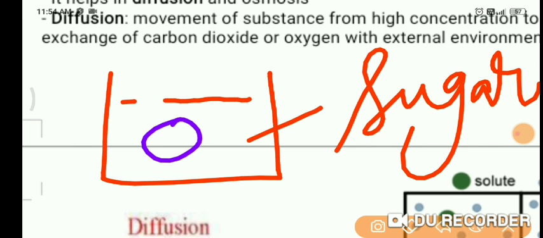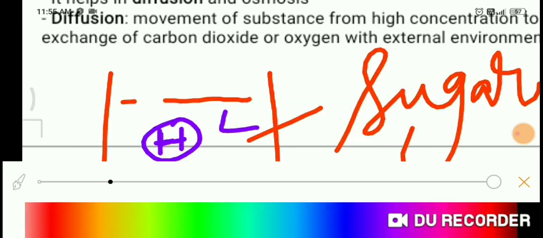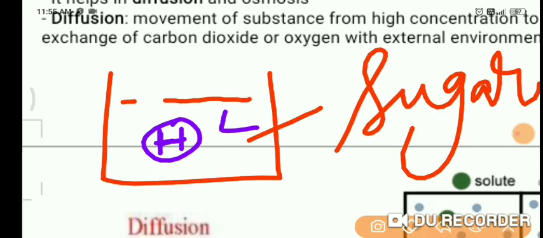Inside the grapes, water is high as compared to the outer environment. Water is high, and in the sugar solution water is low, or the concentration of water is less. So in this case the molecules will move from a region of higher concentration to lower concentration.